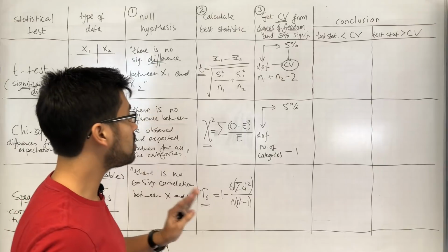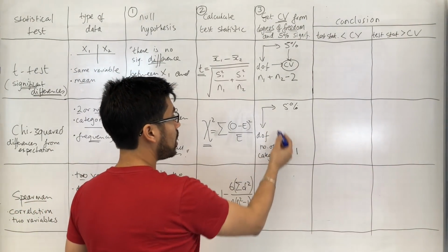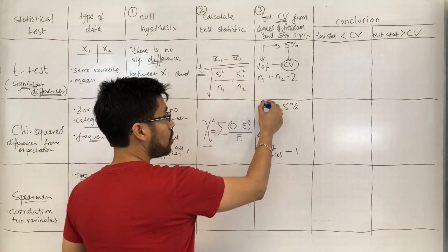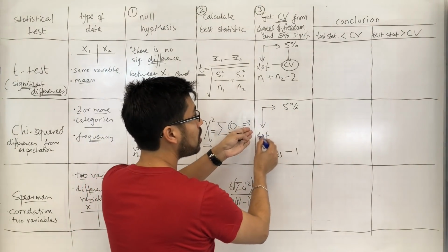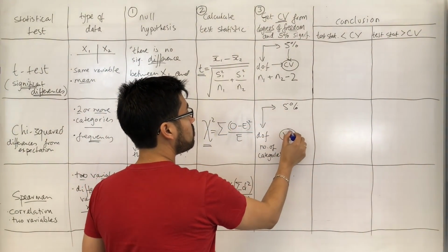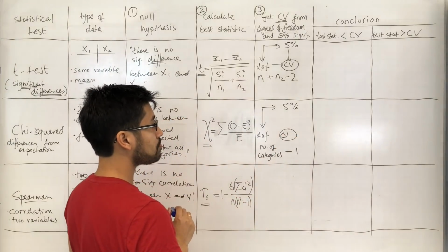That's your degrees of freedom for a chi-squared test. Once we've got that, we go down that much, we go across to 5%, and we've got our critical value.